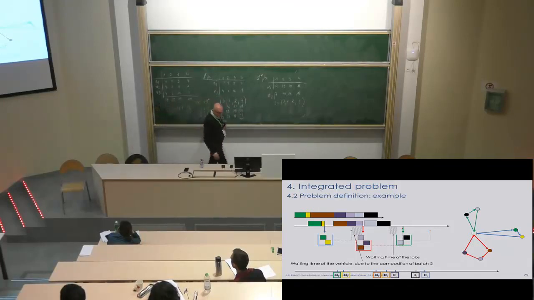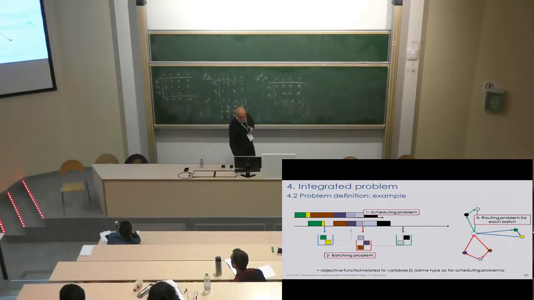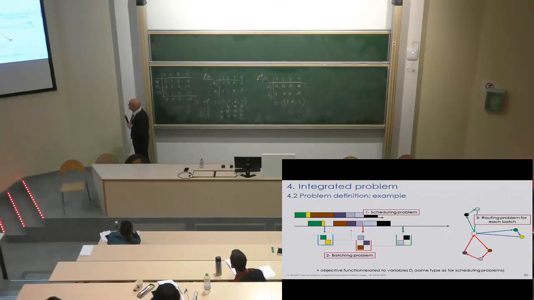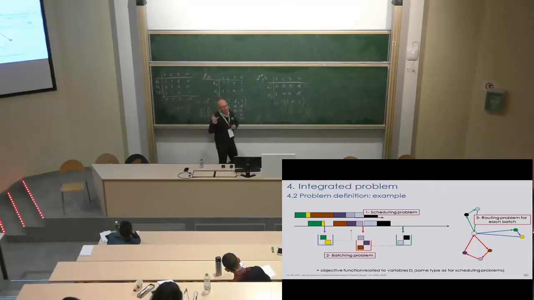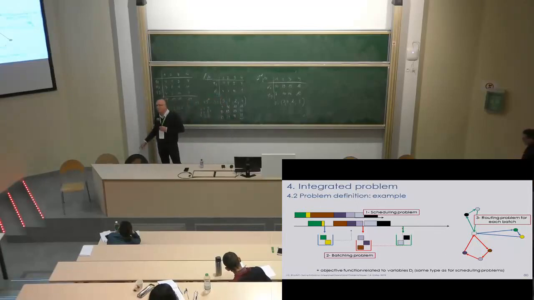Okay? So, as you can imagine, there is first a scheduling problem. In which order can I decide to produce the jobs? From this order, we obtain completion times, so release dates for the delivery, in some sense. Then the batching problem. How do I group the jobs in order to deliver them? And for each batch, a routing problem.